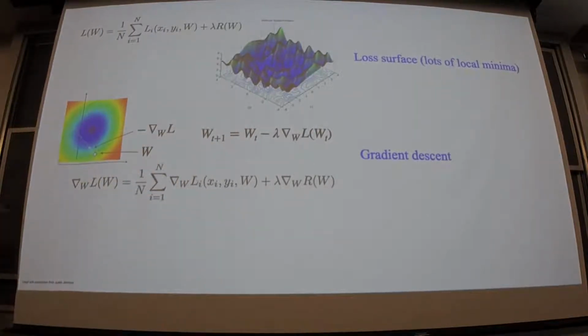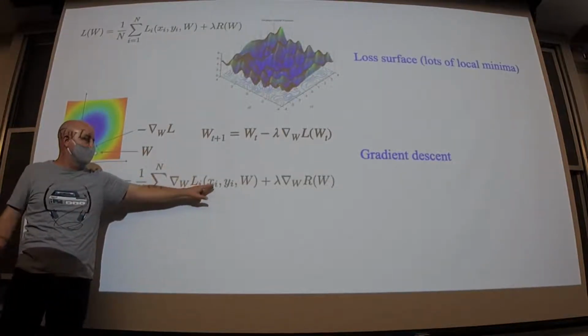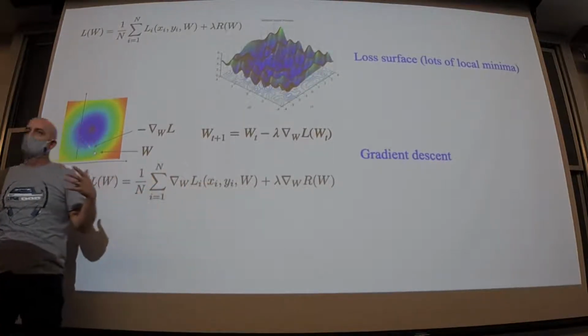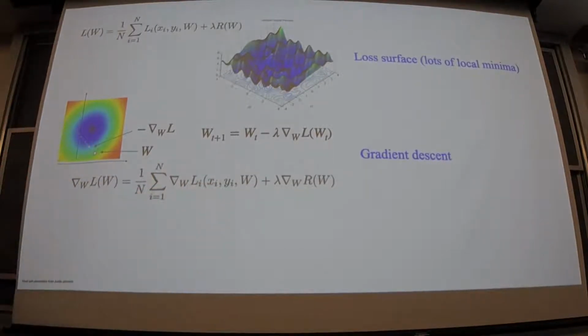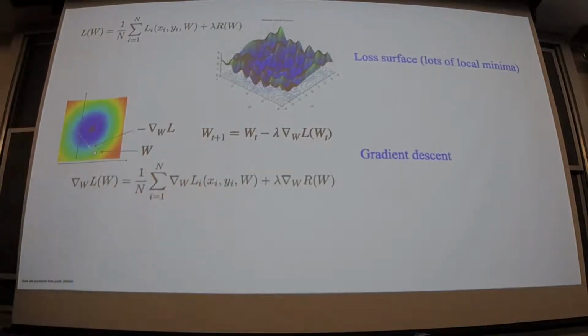There's some problems here. One is that in deep learning, because we have so many parameters, we usually need a lot of data to learn something that generalizes well. And computing this full loss over the whole data set is really expensive.